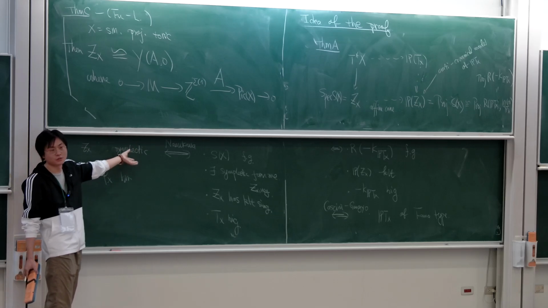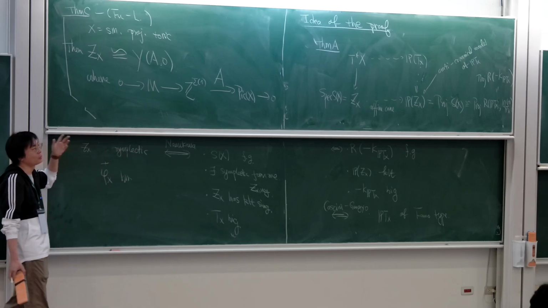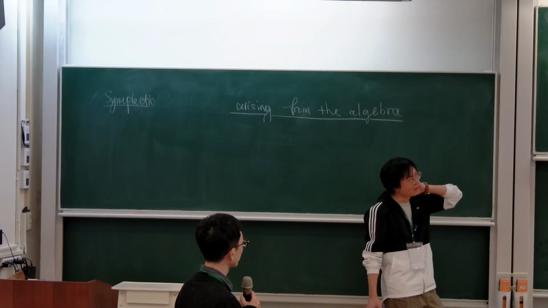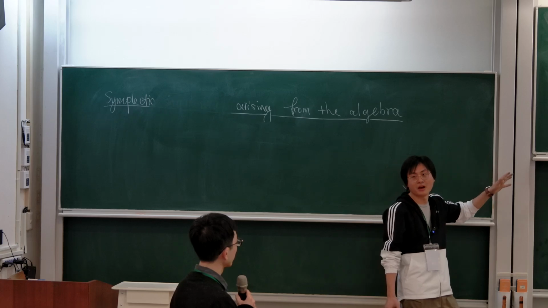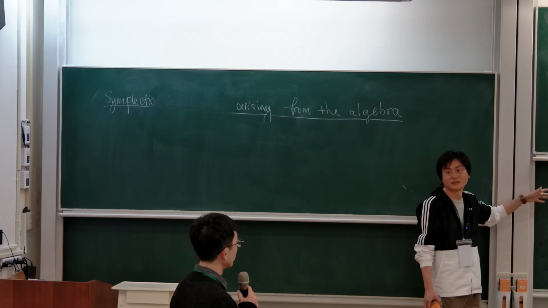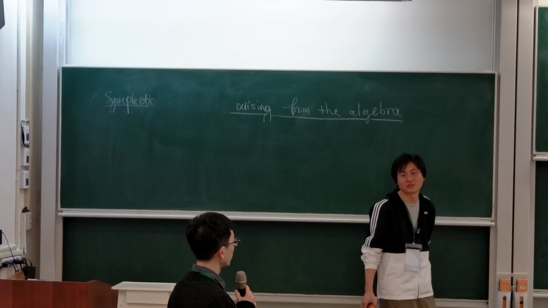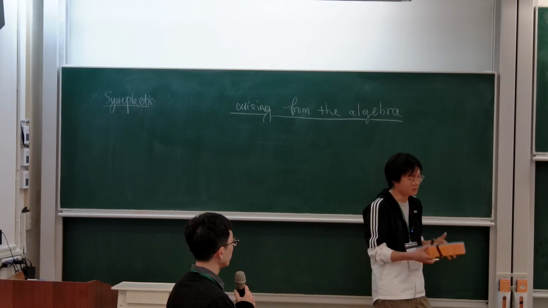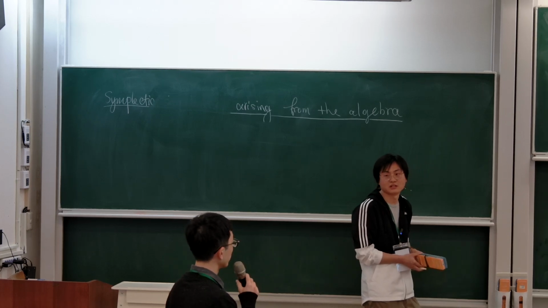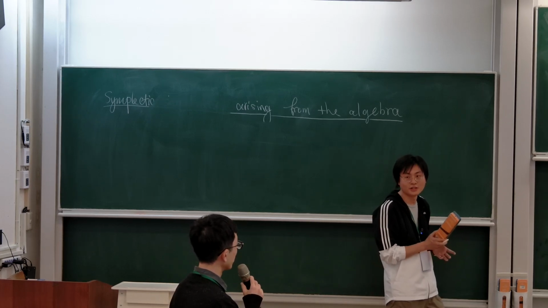Yes, so it should be a point. Another example we know is that in all the other examples, I think the base should be some affine space. It's very similar to the Hitchin map, in fact. We don't know too many examples where we can work out this algebra, where we can write that explicitly. This is the only examples I know.